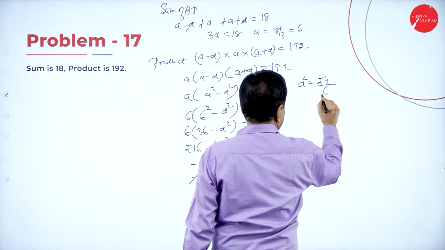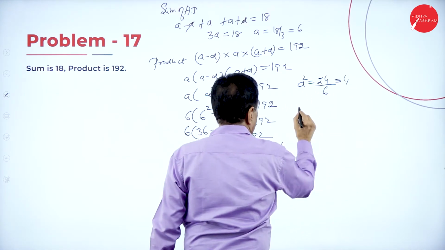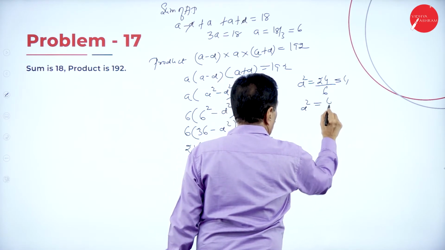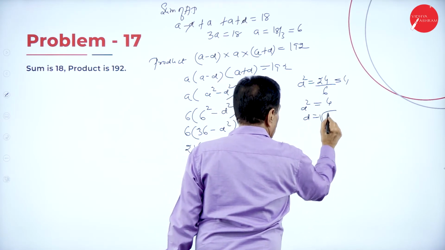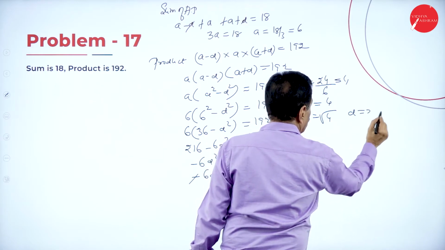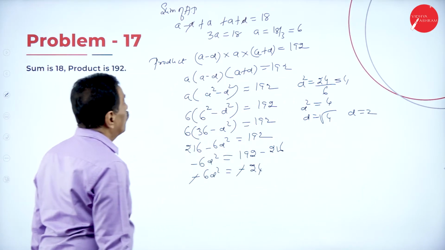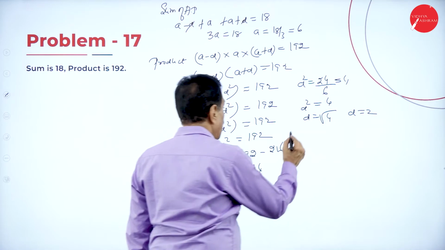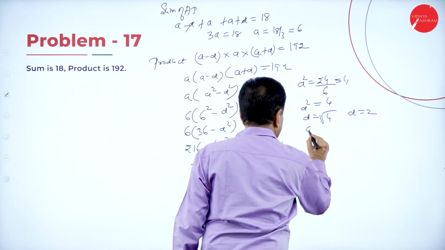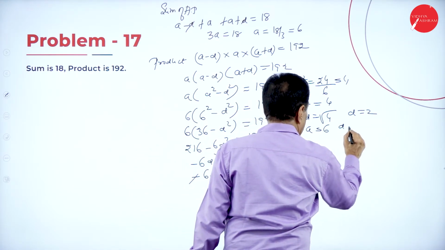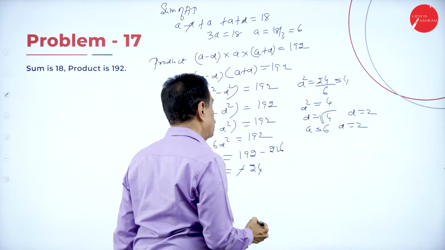24 divided by 6, 4. D square is equal to 4. D is equal to root of 4. D is equal to 2. So what's your A? A is 6, D is 2. What's your formula?